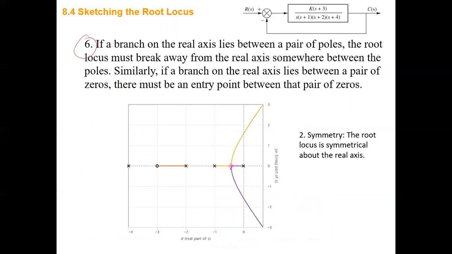So this is negative 4 over 3, right? At this point, you have 3 asymptotes. You have 180. This is one asymptote, 180. One is 60, right?